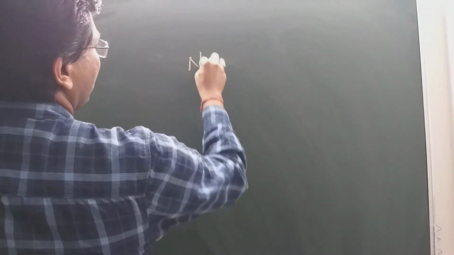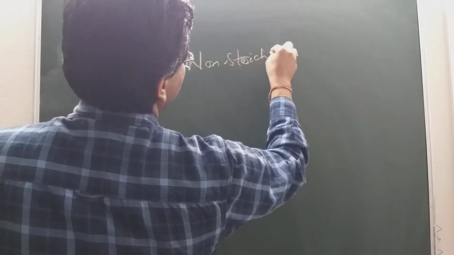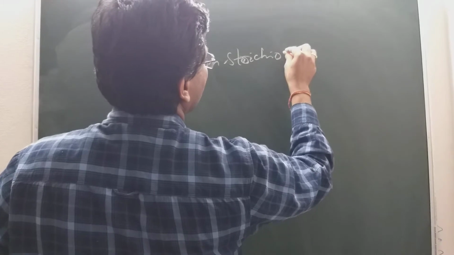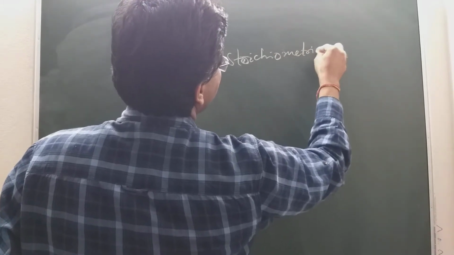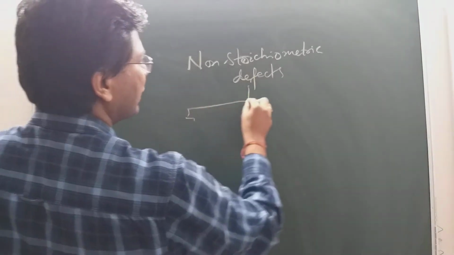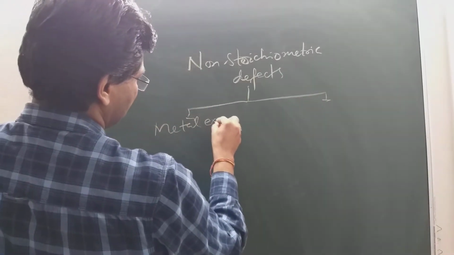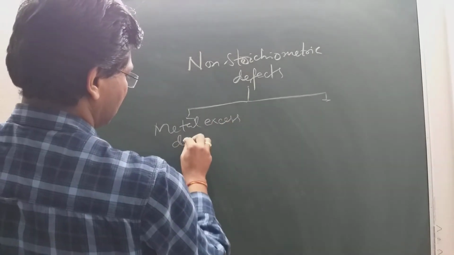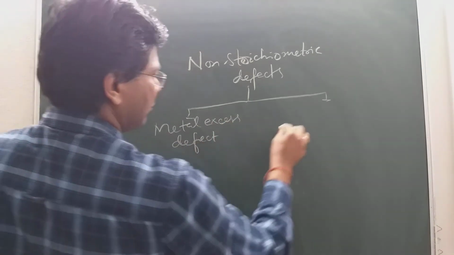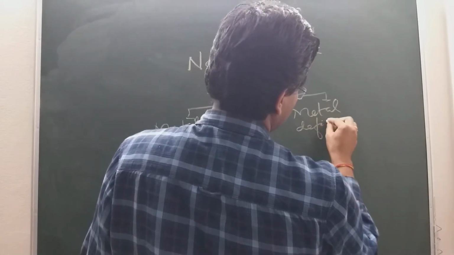So non-stoichiometric defects are broadly classified into two types: metal excess defect and metal deficiency defect.